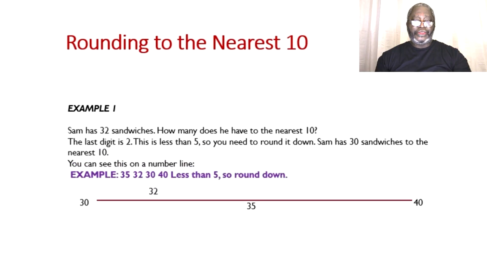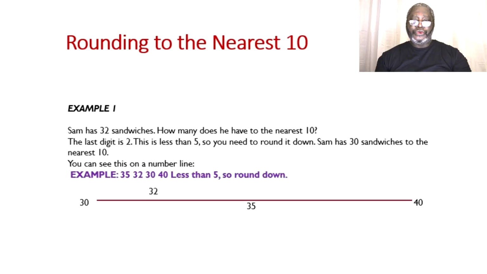Take a look at the rounding line below, labeled 30, 32, 35, and 45. Note where the 32 is on the left. Example 1. Sam has 32 sandwiches. How many does he have to the nearest 10? The last digit is 2. This is less than 5.